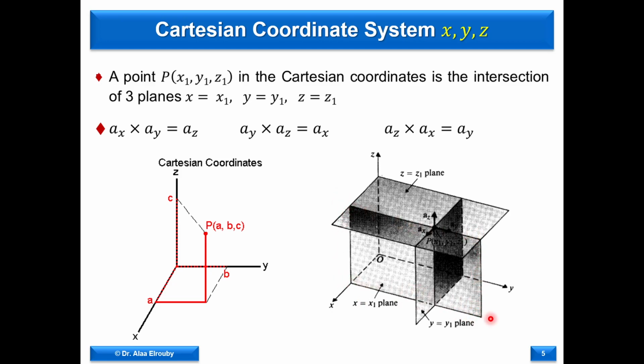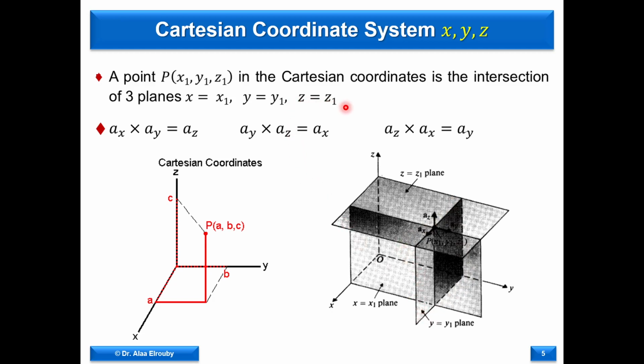All the points, what does this mean? It means that all the points in this plane have coordinate x equal x1. So x equal x1 is this plane. The other plane is y equal y1. So if this is y1, all the points in this plane have y1 coordinate.